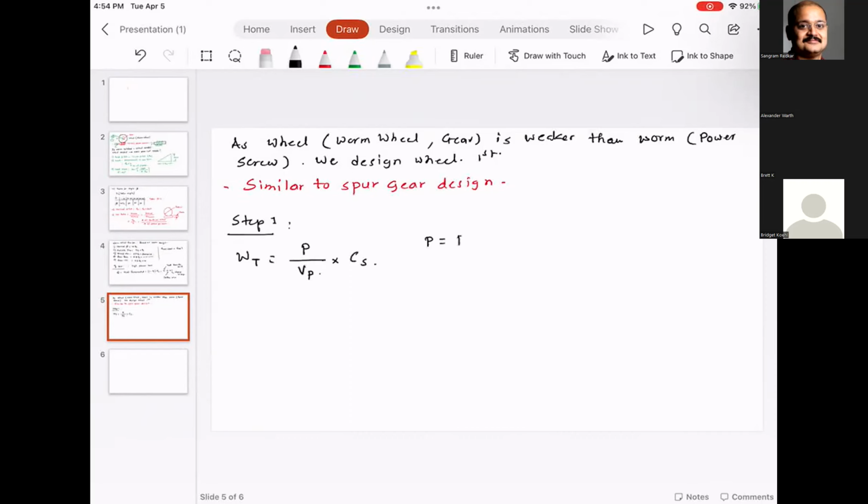So P is equal to power, Vp is equal to pi times diameter of the wheel times N divided by 60. CS is the service factor.